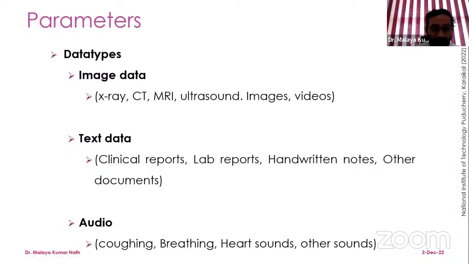Besides this, biomedical signals are also used for analyzing the health condition of the patient, mainly ECG (electrocardiogram), EEG (electroencephalogram), and EMG (electromyogram), known as muscle signals, etc.